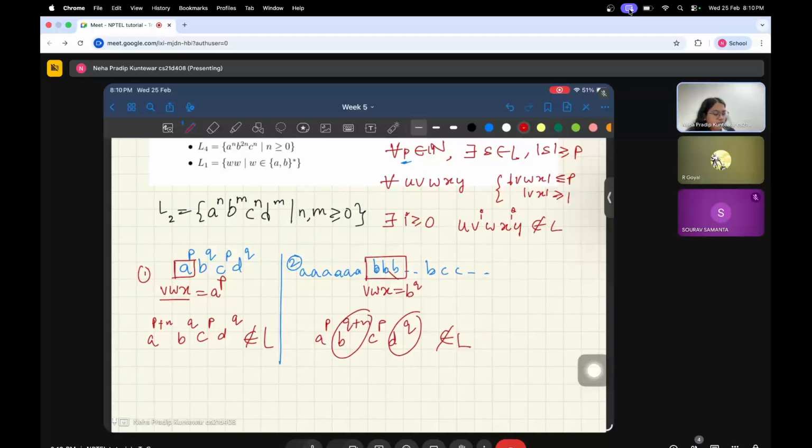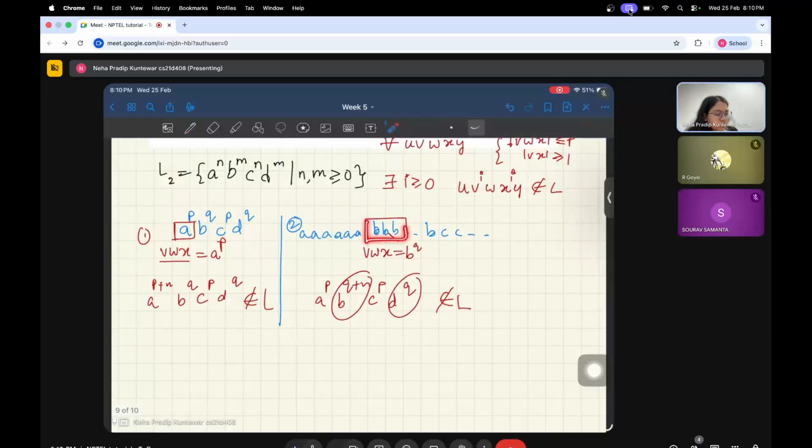Even before this case, what would happen is, we are shifting it slightly to the left. So the first thing is it's entirely in A. Second thing would be it has some A's and some B's. Third thing would be it has all B's only. So let me make it 3.